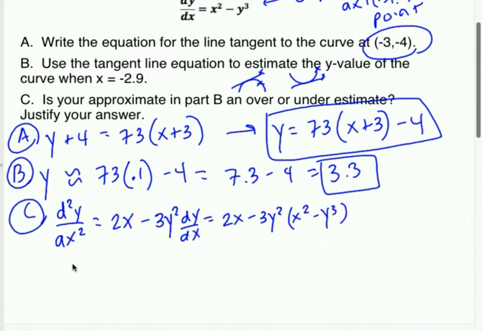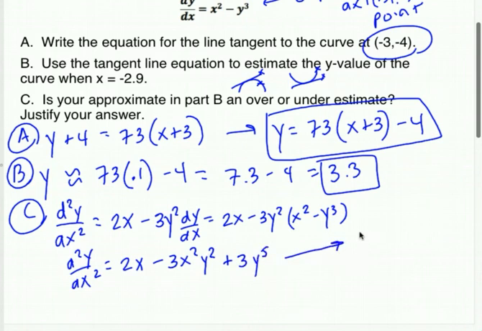So if I clean that up a little bit, right, d squared y dx squared, I'm going to get a 2x minus a 3x squared y squared, right, plus a 3y to the fifth. Now, keep in mind that we're looking at -3, -4, which is squarely in quadrant 3, right? Here's -3, -4. We're in quadrant 3 where x's are negative and y's are negative.